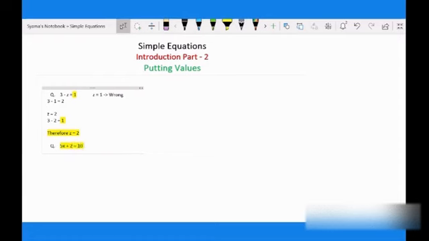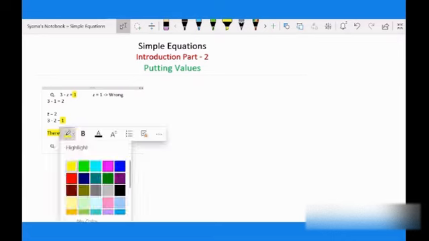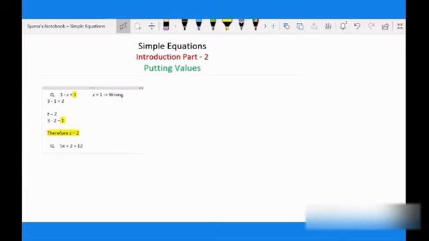Now we need to find the value of x. Let's say x equals 3. Now they gave the x value as 3.